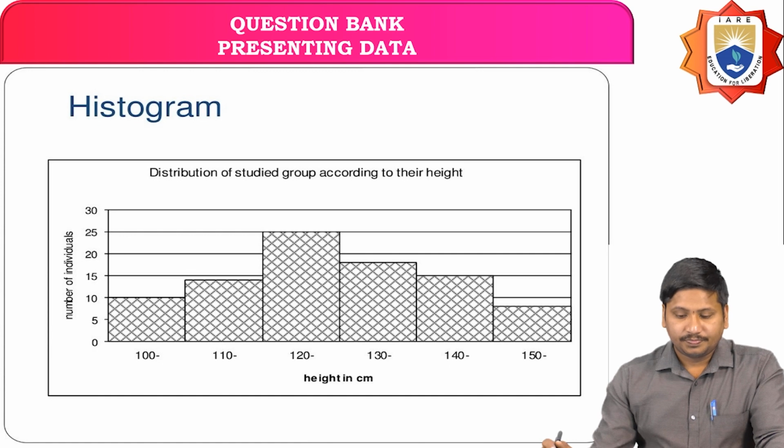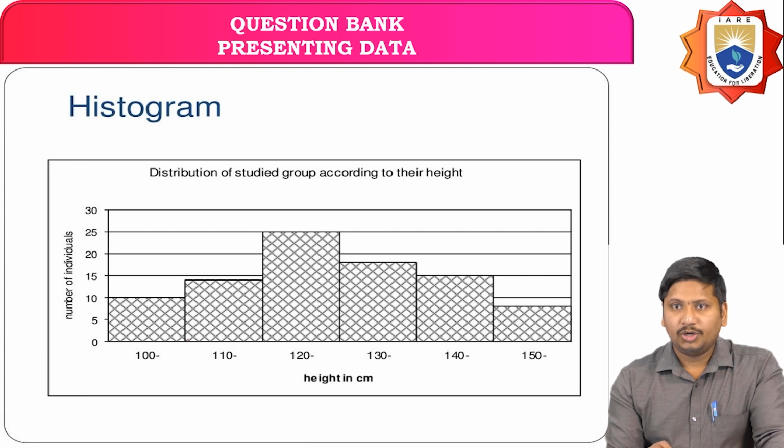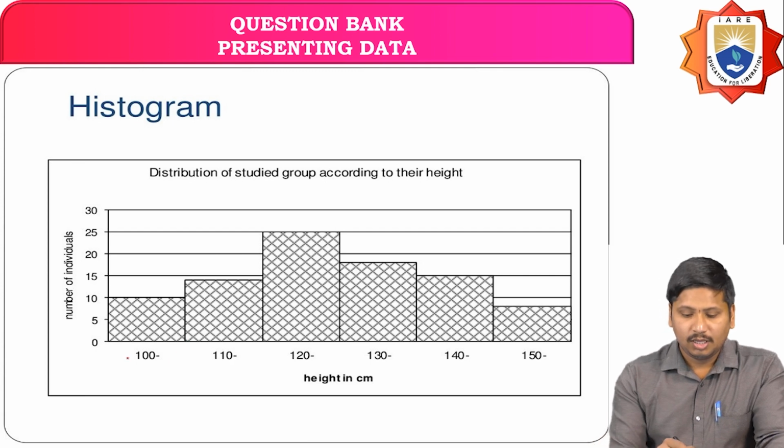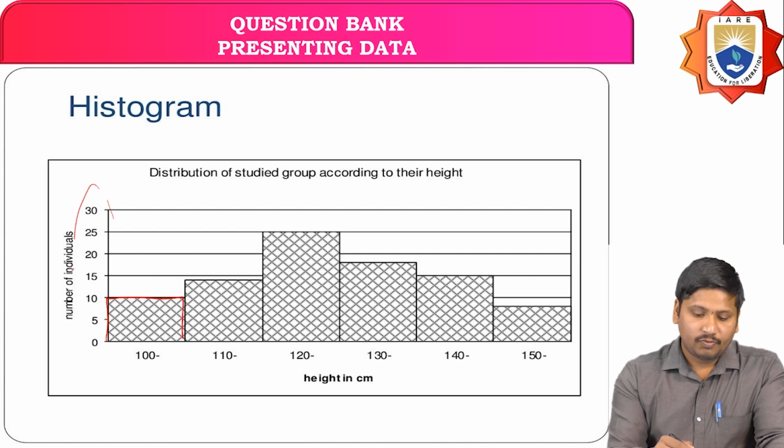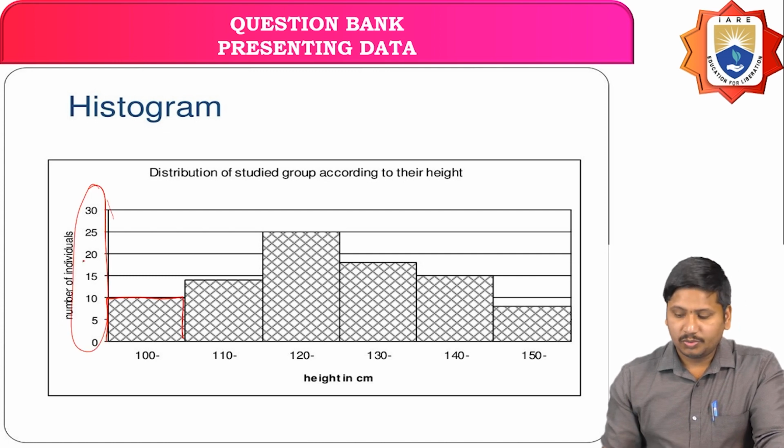Let's see this. This is the class interval between 100 to 110, 110 to 120, 120 to 130, like this, and within this I have to draw. On the y-axis I'm taking the number of individuals, the distribution of the studied group according to their height.